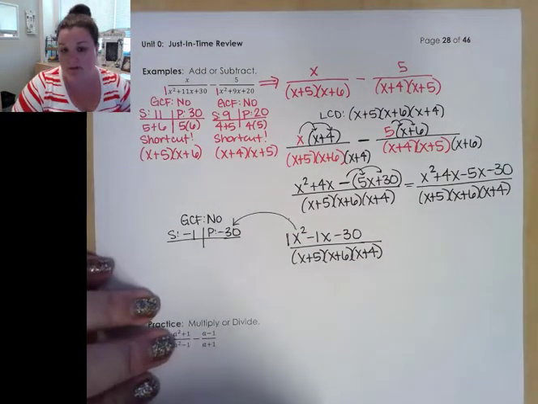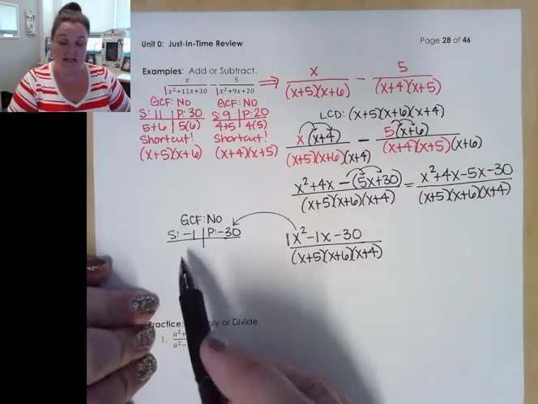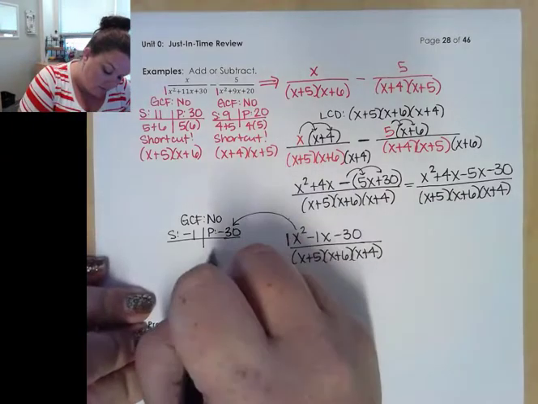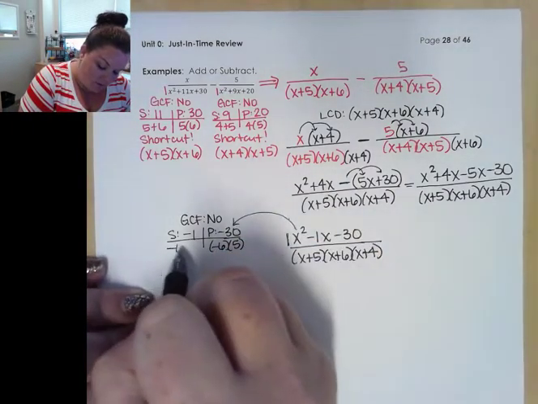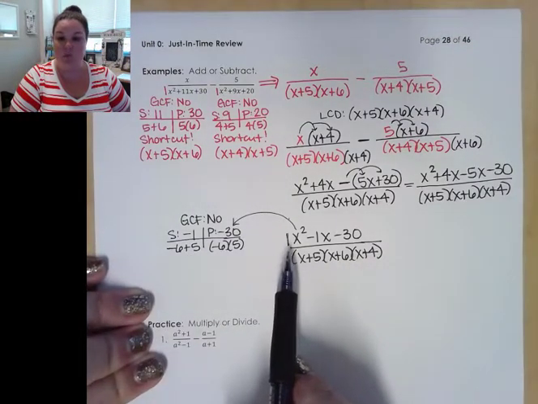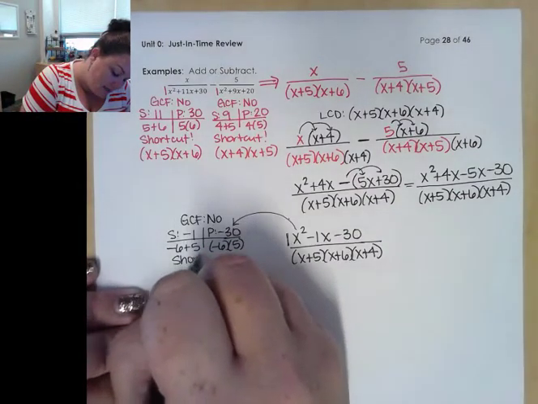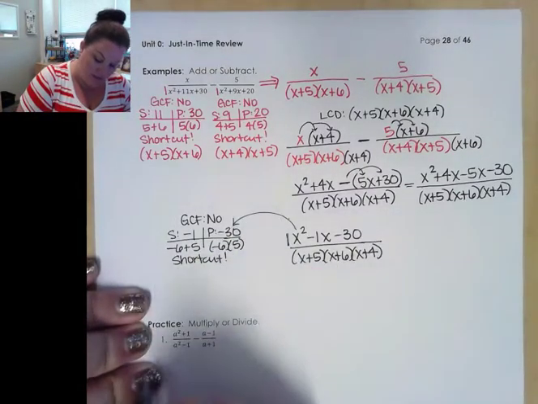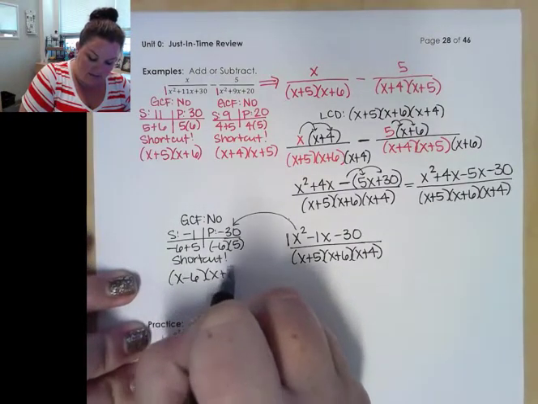And I should be able to find a pair of numbers that multiplies to give me negative 30 that combines to negative 1, right? That would be negative 6 and positive 5. And because my leading coefficient is a 1, I can go ahead and use the shortcut. Yay, shortcut! Which means that this factors into x minus 6 and x plus 5.